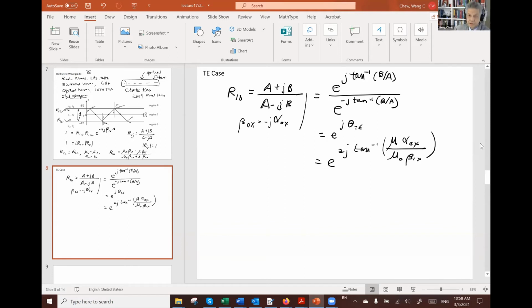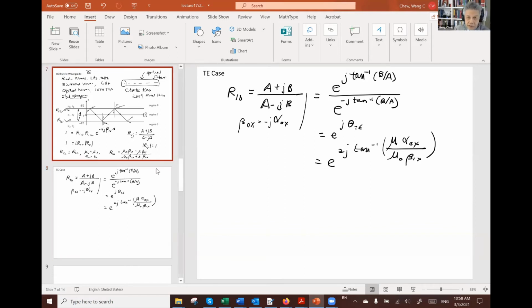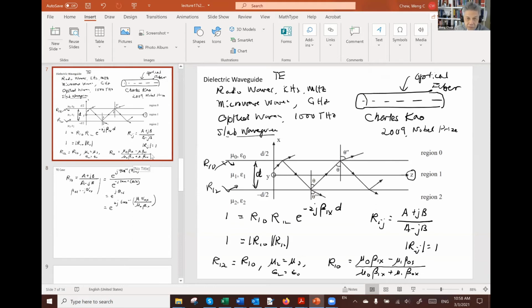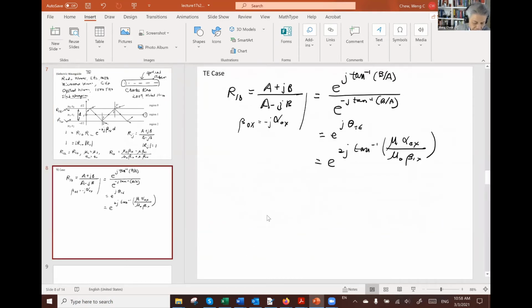Okay, if you look at this and the previous one, this becomes a pure imaginary number because of this change. And if you look for this phase, then the phase is just that over there, and this is the phase shift. Now, of course, we have learned this to be the Goos-Hänchen shift before when we studied total internal reflection.